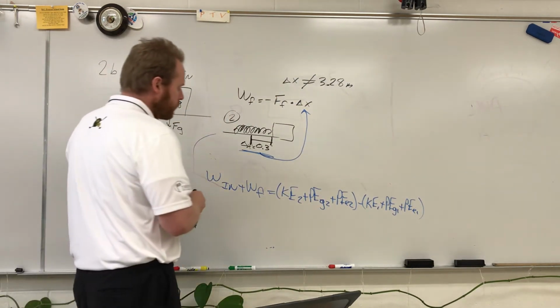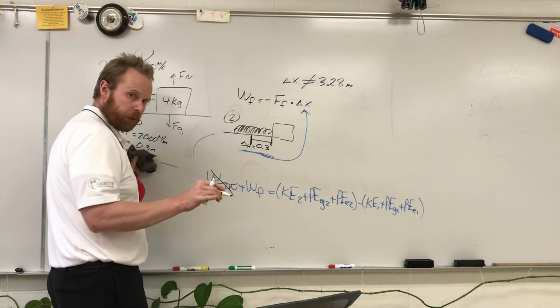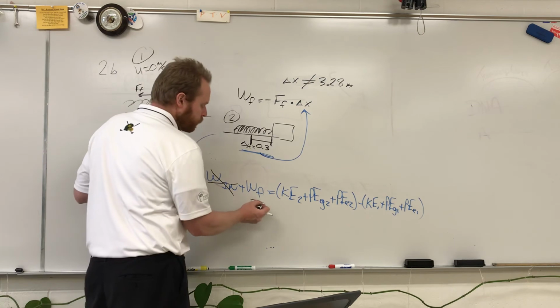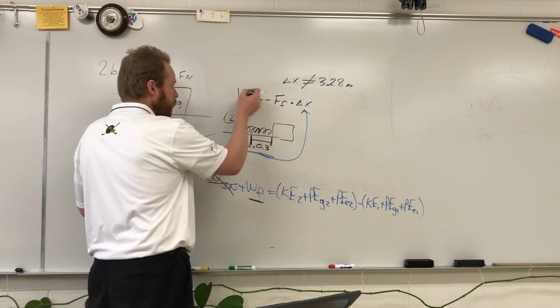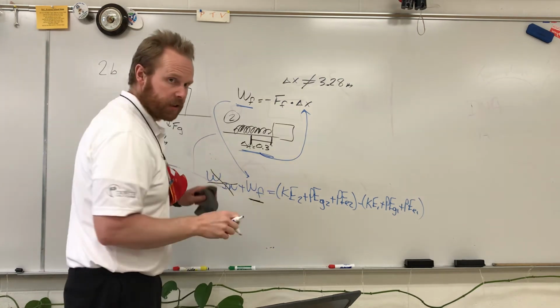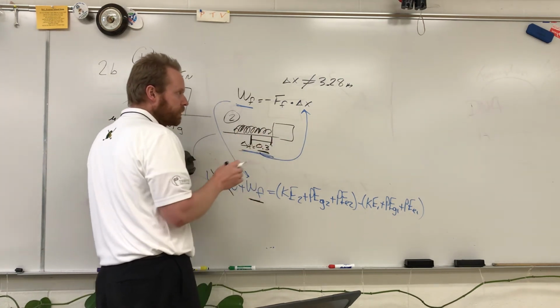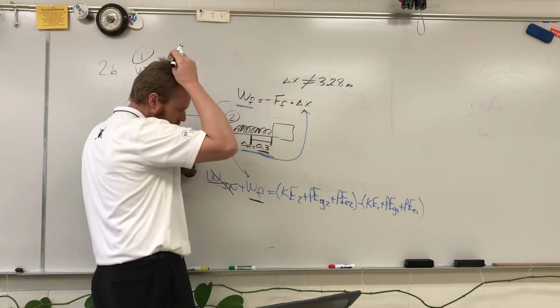Then what we can do is there's still no push, no applied force. There is work done by friction that we are going to use this number. Remember, it's not -90 because it is only moved 0.3, not the total distance.